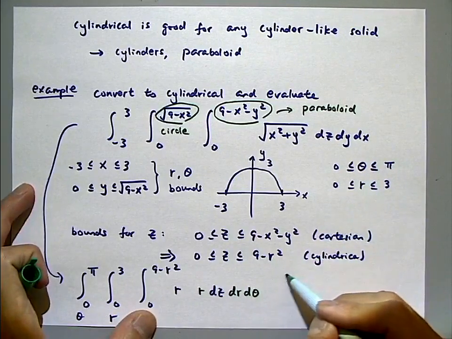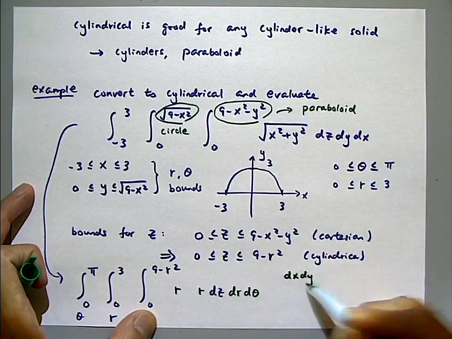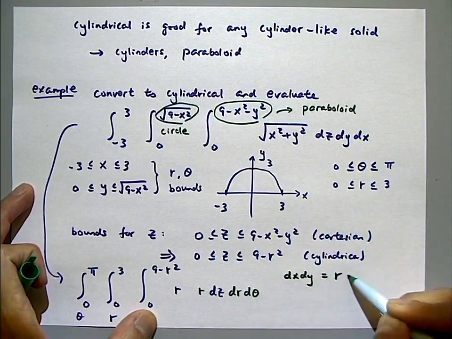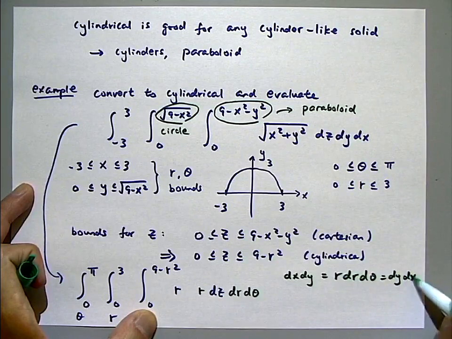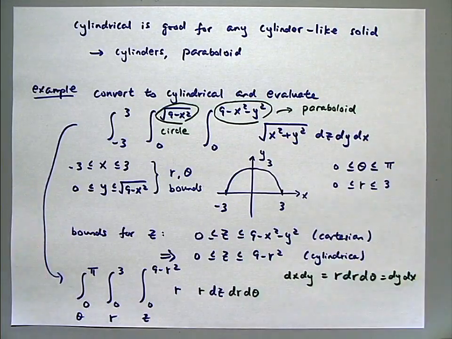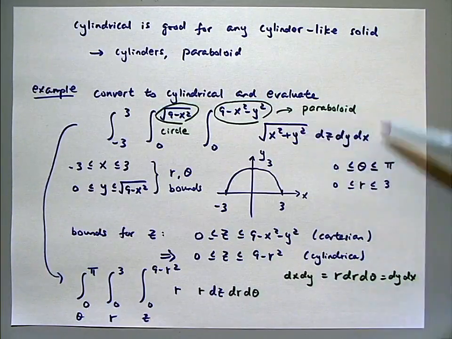Because in polar, dx dy is equal to r dr d theta, or dy dx, doesn't matter. So we get an extra r out of these three differentials.